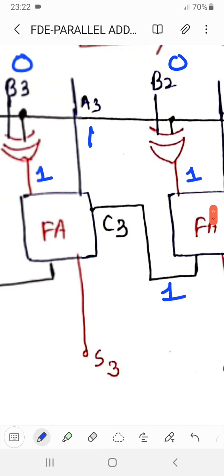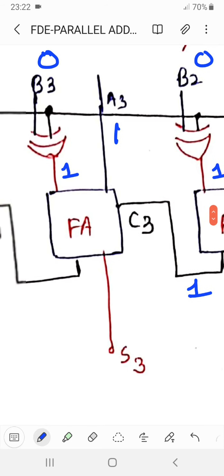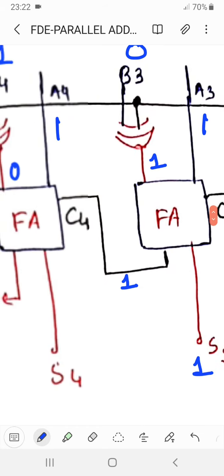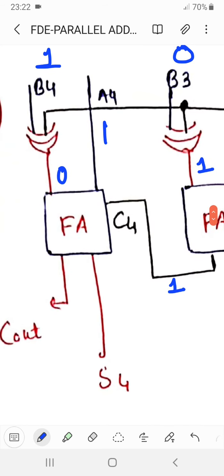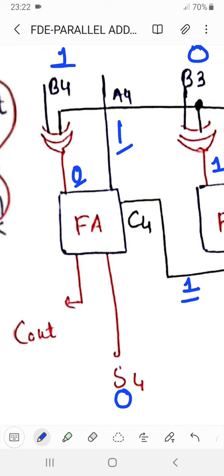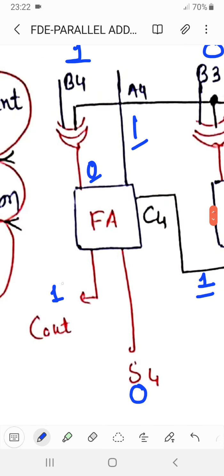So again in the third stage, 1 plus 1, so you have a 1 carry, that is here, and 1 plus 1, that is 0 plus 1, so S3 is 1 here, and your carry is already forwarded for the next stage. In the last stage, 0 plus 1 is 1, and 1 plus 1, so your sum for the first bit is 0 and your carry out is 1, and this carry 1 is omitted.